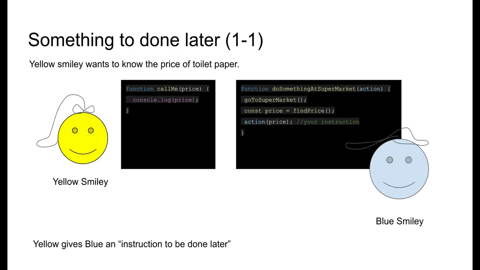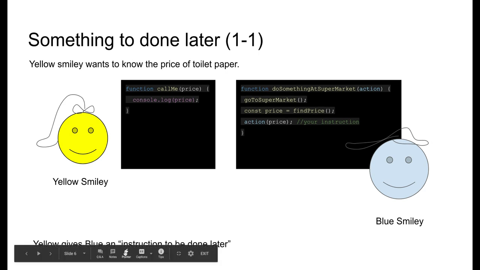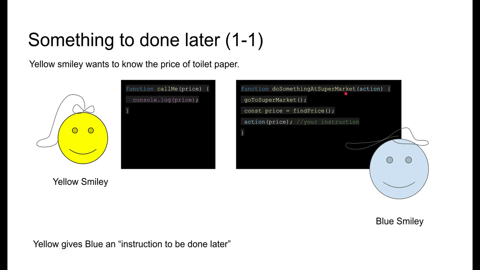So let's look at a sample code of what we just saw. Okay, let's say Blue Smiley is a function that can go to the grocery store and find the price of toilet paper. We call this do something at supermarket. This function goes to the supermarket, finds the price, and gets that price as the return value, and it is assigned to a variable called price.